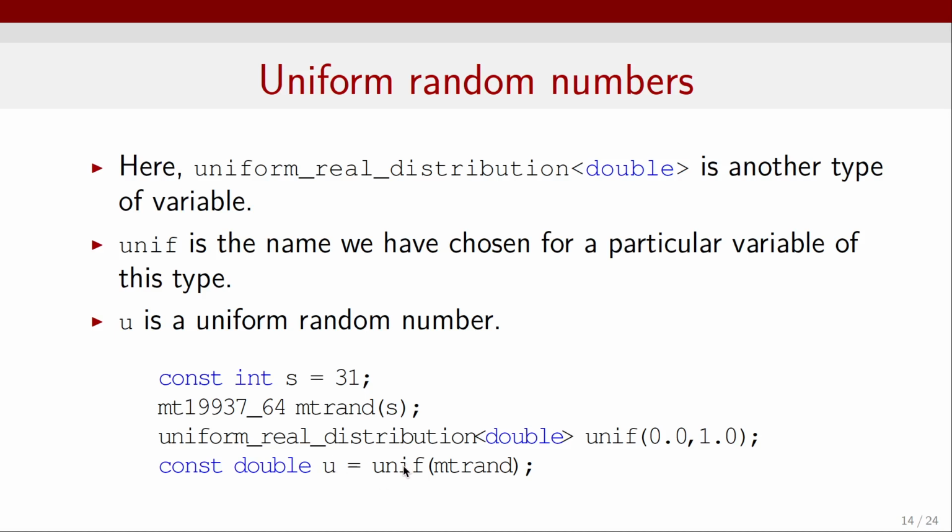And to give it a value, I call the unif object and I pass mt_rand as an argument. Here mt_rand is an instance of this object, MT19937_64. So this structure is the same that we have used for other objects before.